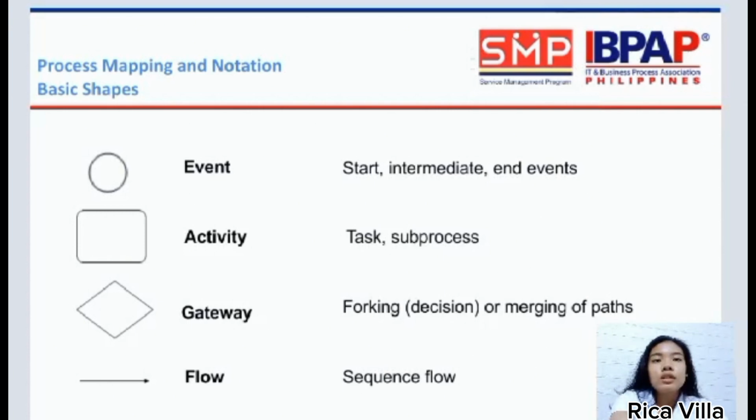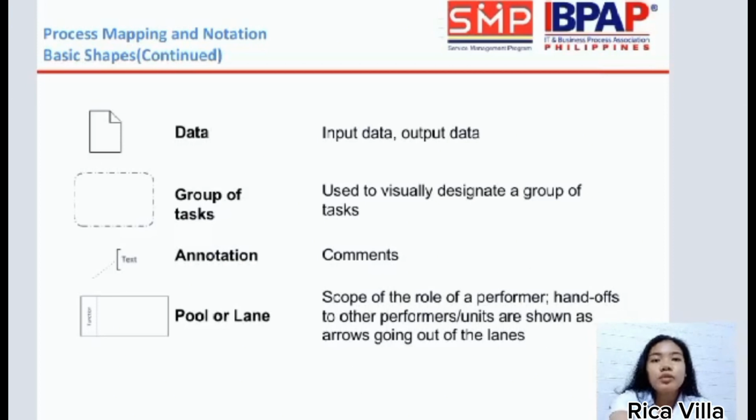Next is the flow, sequence flow. The flow line displays the procedure's direction. Next is the data, input data and output data. Next is the group, used to visually designate a group of tasks. Next is the annotation.